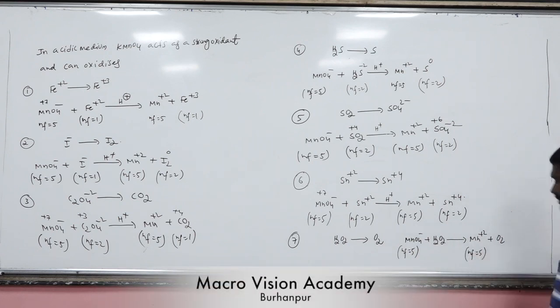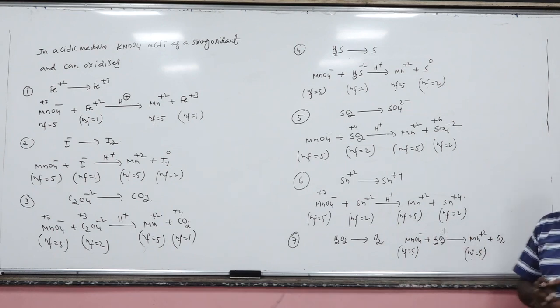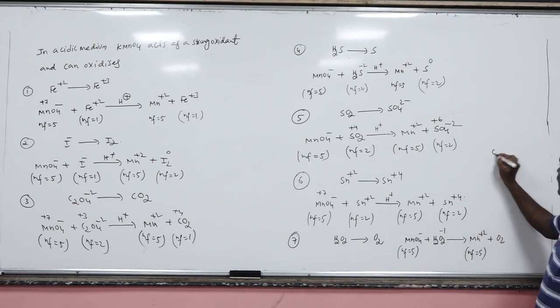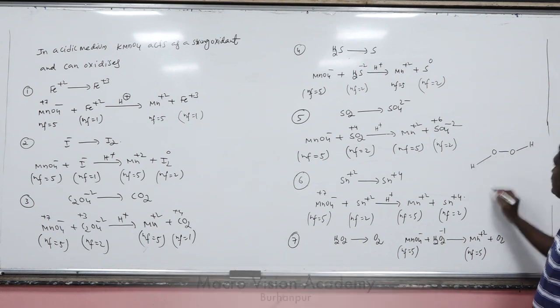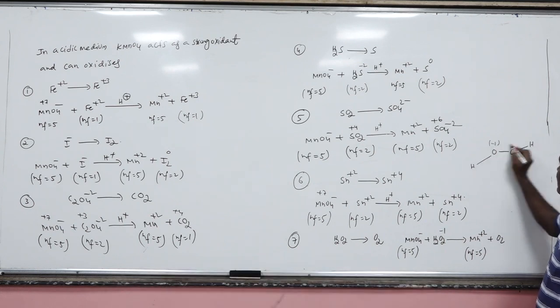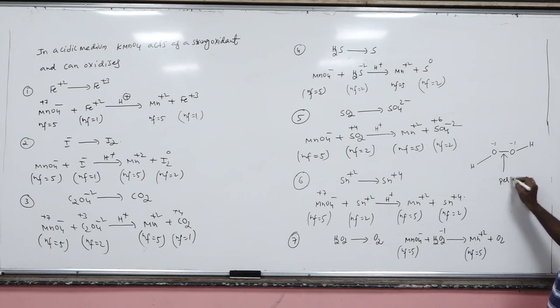What is the N factor here? 5. Now, what is the oxygen oxidation state? -1. Remember, it is a peroxide compound. We know the calculation of oxidation state. The hydrogen peroxide H2O2, here -1 oxidation number. The O-O bond is called what?